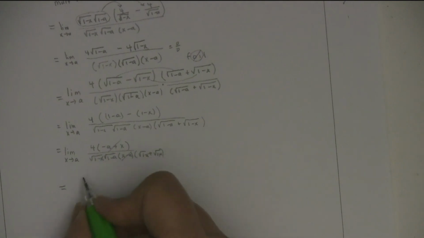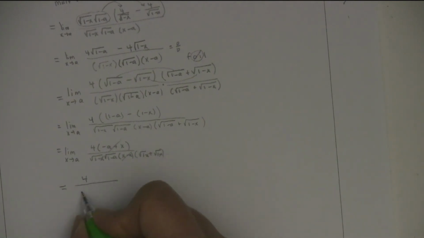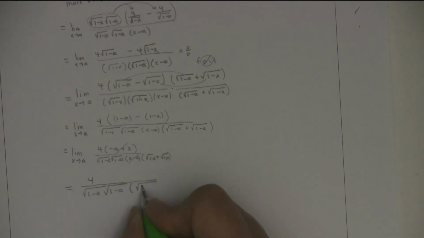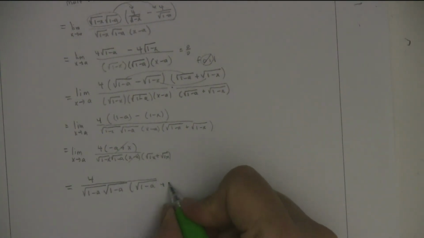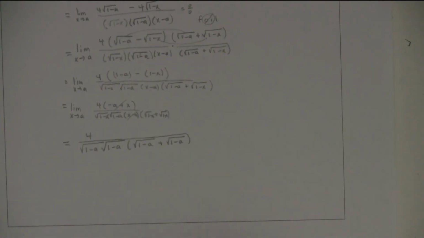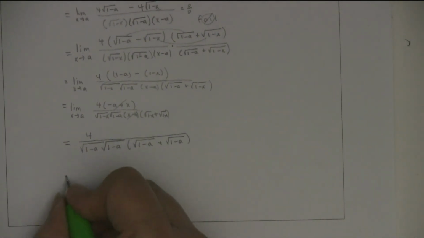So I'm going to replace x with a here. So I'm going to have 4 over the square root of 1 minus a times, you're replacing the x's with a, and you're leaving the a's alone. So the square root here of 1 minus a plus the square root of 1 minus a. Wow, right? So this is 1 minus a.